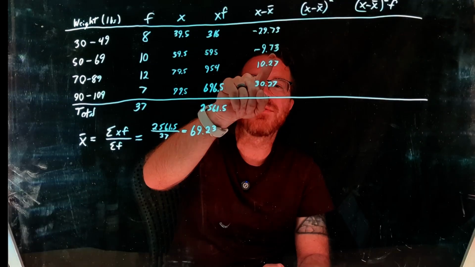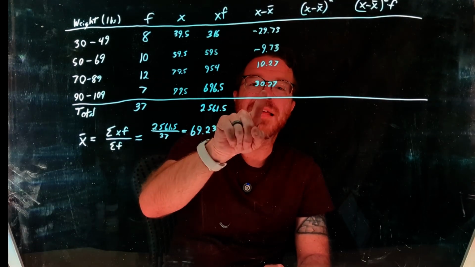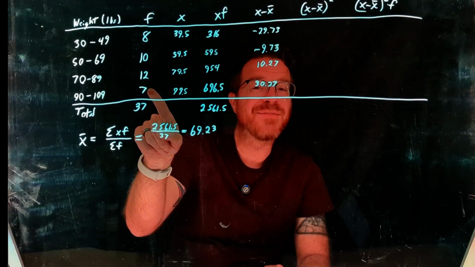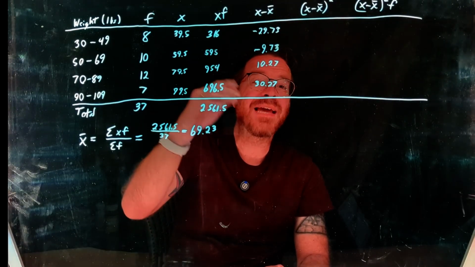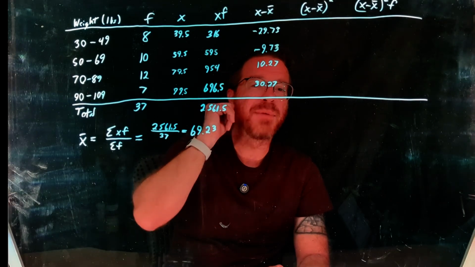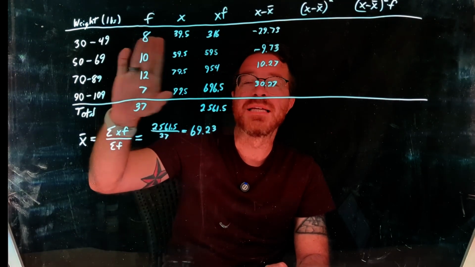This negative 9.73, there's 10 of those. This 10.27, there's 12 of those. That 30.27, there's only 7 of those. So while these are all pretty close, if you were to sum up this column, it would still be pretty far away from zero, because you're not taking into account these frequencies.